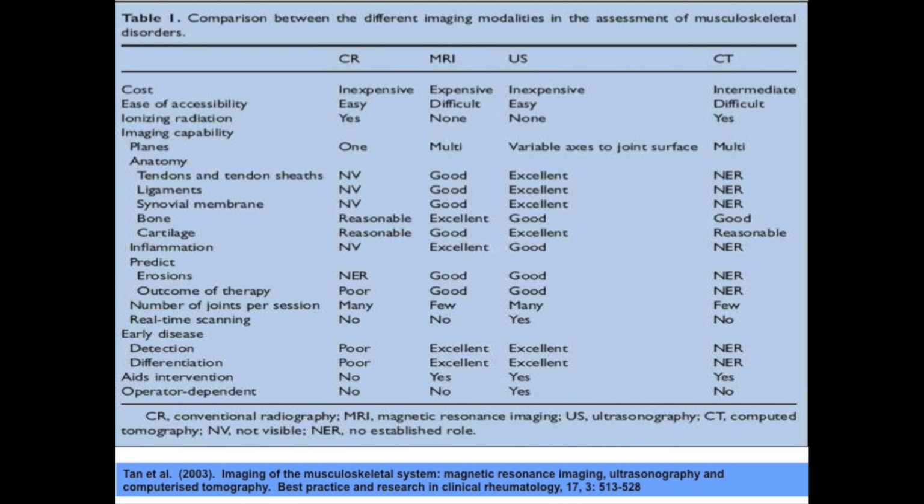Now I apologise for this slightly busy looking slide. However, this is a really nice table in a review article by Eileen Tan in the Best Practice Research in Clinical Rheumatology.